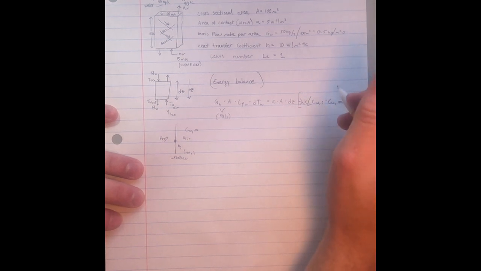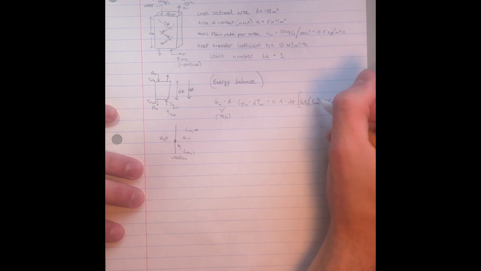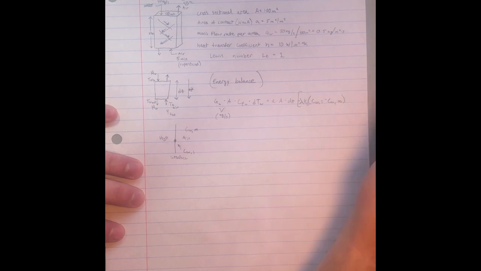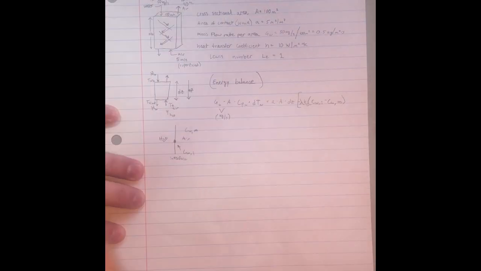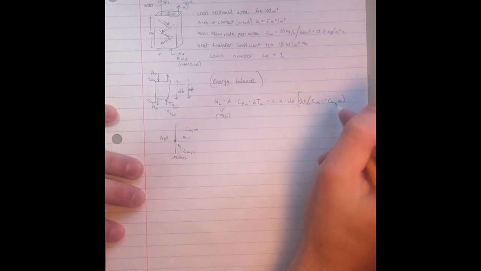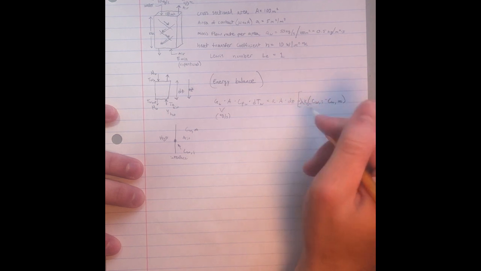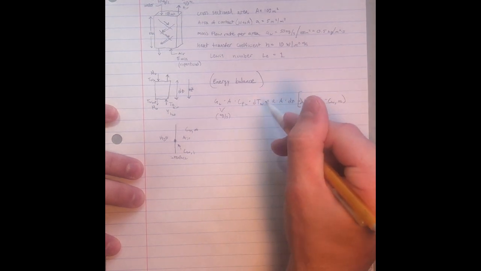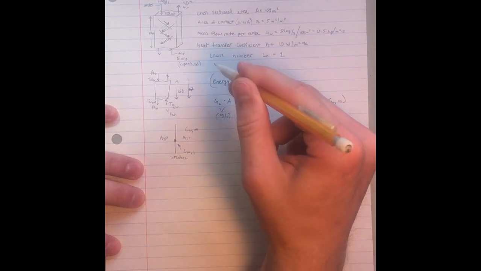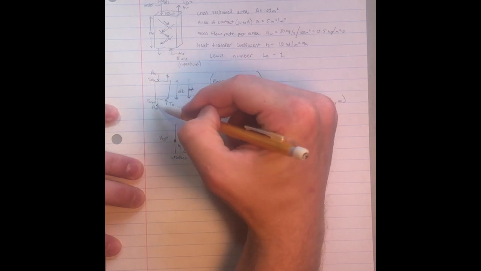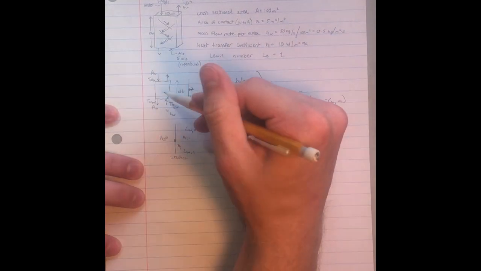And we're going to do that because this quantity here, like I was saying before, since the concentration of water at the interface is going to be greater than the concentration of water in the bulk phase, this value here is going to be positive. And since that's going to be positive, if this quantity remained positive, that would show that this change in temperature would be increasing as we go down the column, which is not what we want.